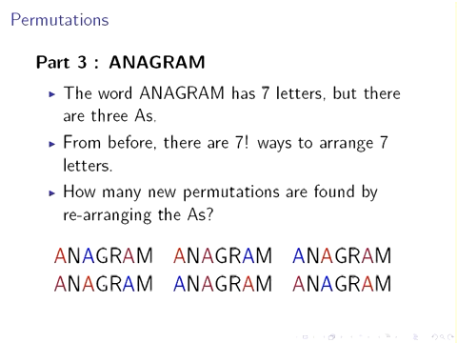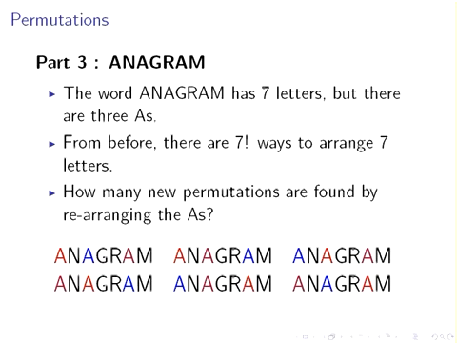Now there are 7 letters in the word anagram, but there are 3 A's. So this is very similar to the last problem. From before, we have 7 factorial ways to arrange 7 letters. But let's just look at the word anagram itself. How many copies of the word anagram do we get if we swap around the A's?